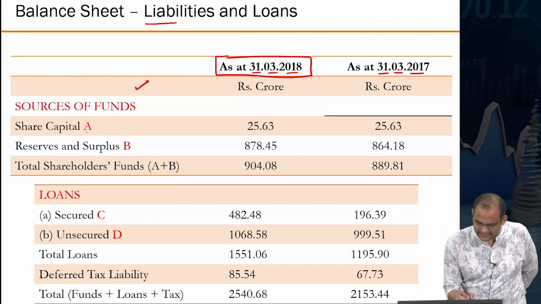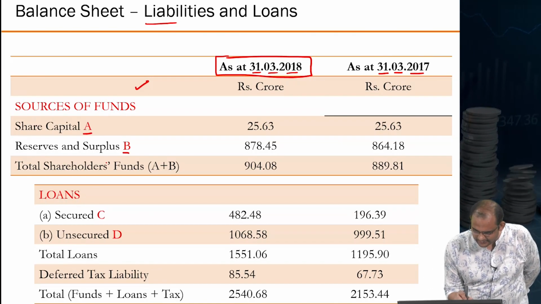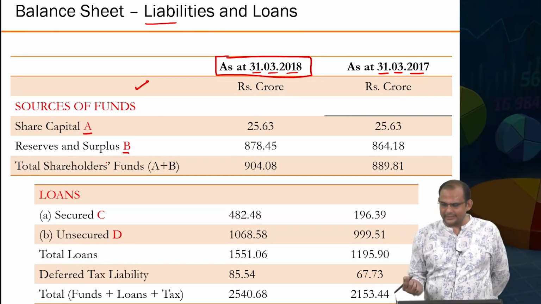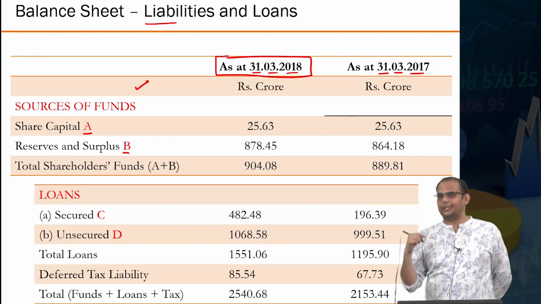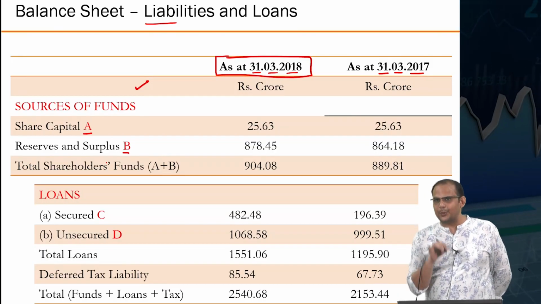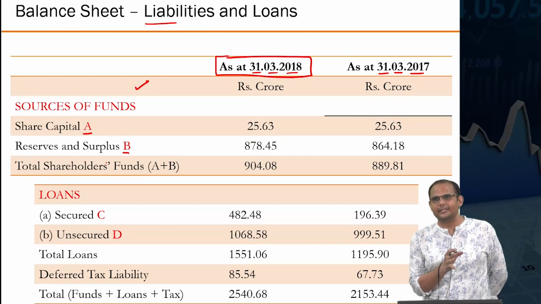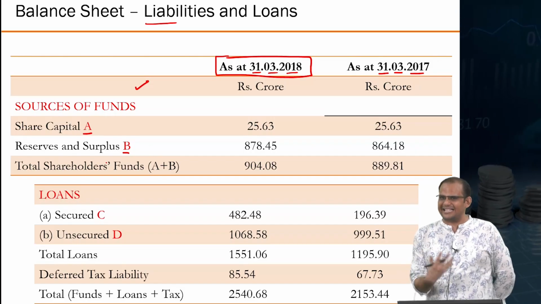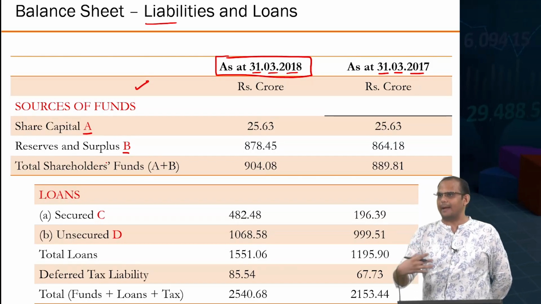So the first item is share capital, reserves and surplus. Share capital is the money that people have invested in you as a capital investment. And as I told you, in the new convention, this is shown on the liability side, because ultimately it is the owners' money that, as a company, you need to pay back, right?